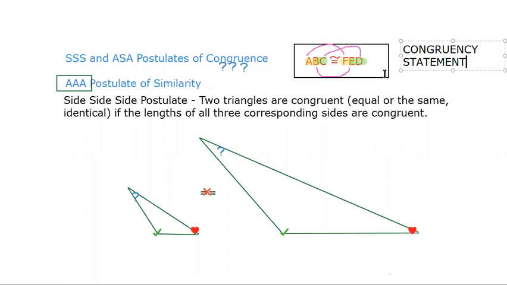And that's what that is in the box. Triangle ABC is congruent to triangle FED. And usually there will be in front of that a little triangle shape like so in that statement, to let you know they're talking about a triangle. They'll put an image of a little triangle in front of it.